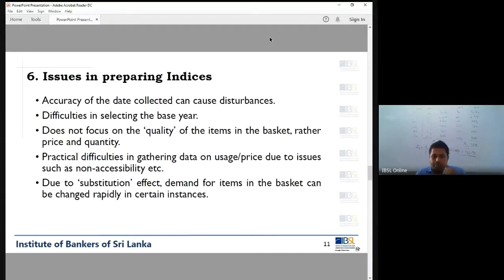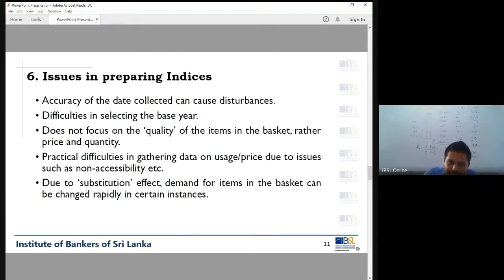That is obviously going to cause some disturbances. In our examples, with price points of 85 and 150, let's say the true price is not 150 but 110. That is going to change the index by at least a couple of basis points or a complete index point. So obviously, data quality is the most trivial issue in any index preparation instance.